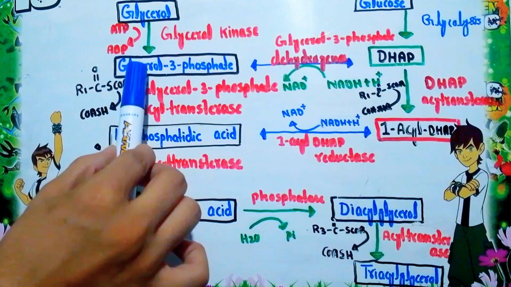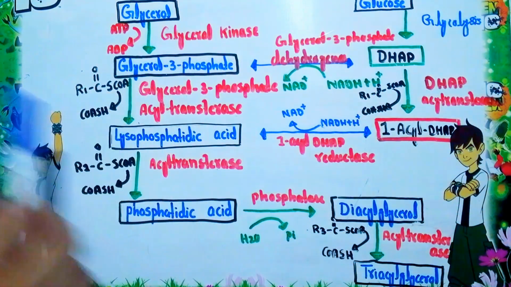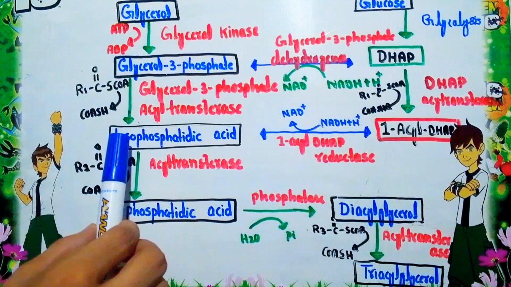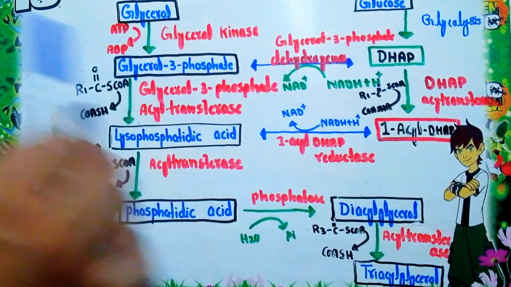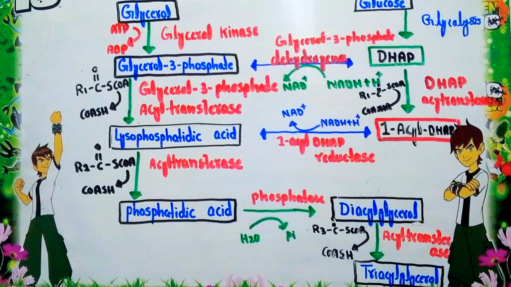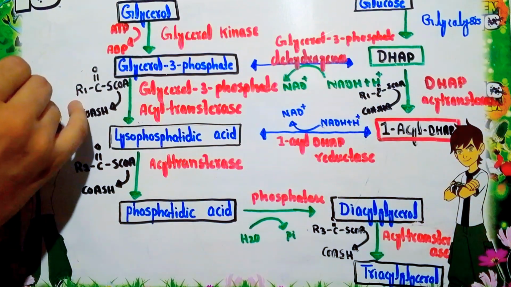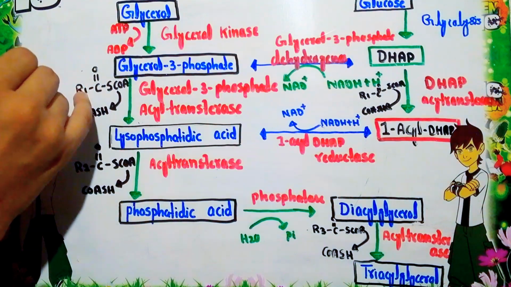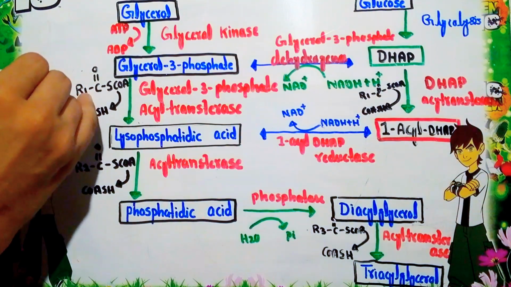As a result, this acyl glycerol 3 phosphate is converted into lysophosphatidic acid. This acyl coenzyme A is actually formed from the fatty acids.